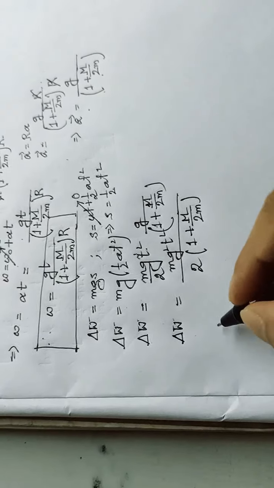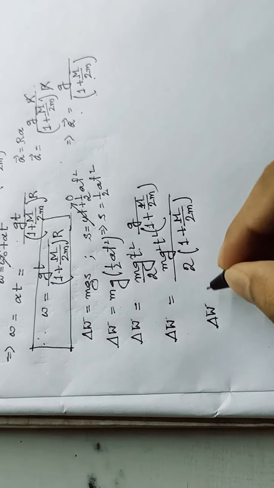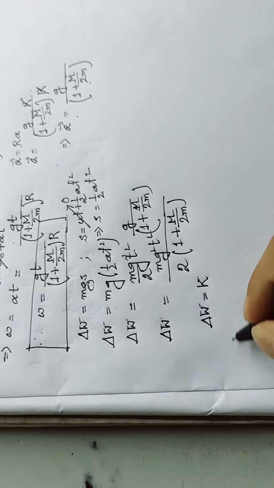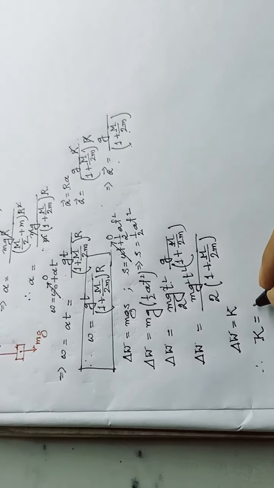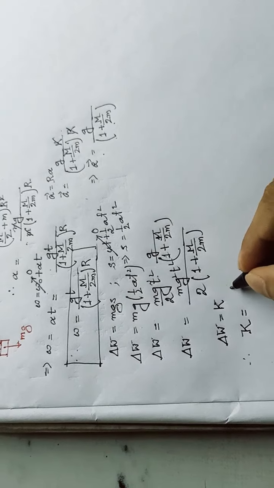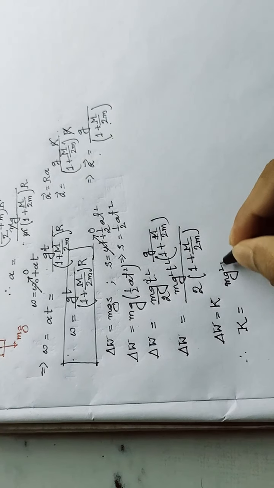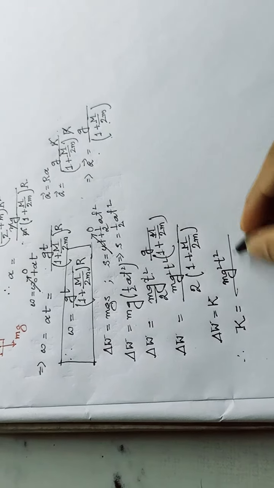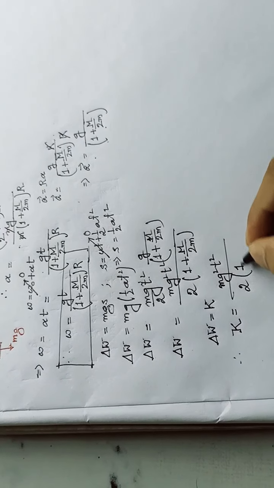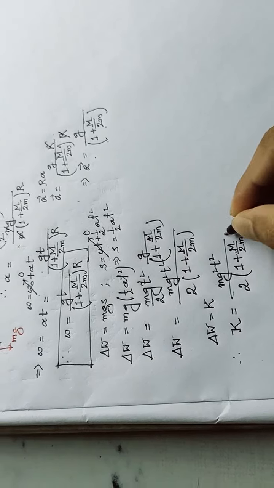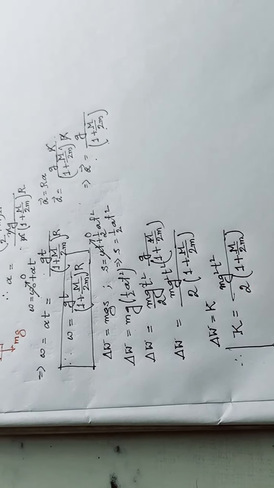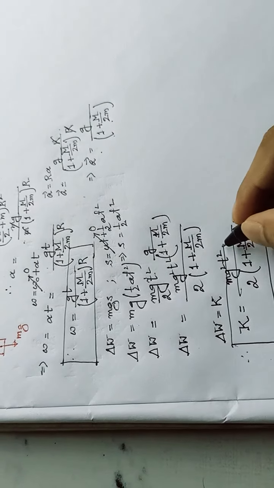But as we know, del W, the work done, is equal to kinetic energy. So the kinetic energy of the whole system is equal to m g square t square divided by 2 times 1 plus capital M divided by 2 times small m. So this is the required value for the total kinetic energy of the system.